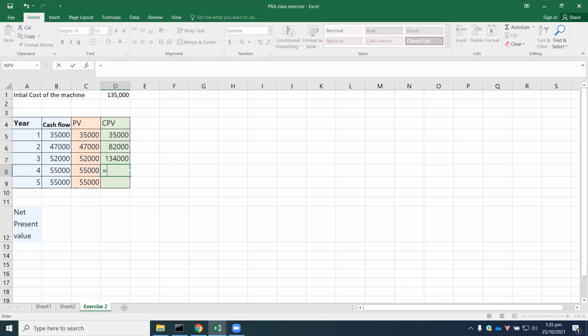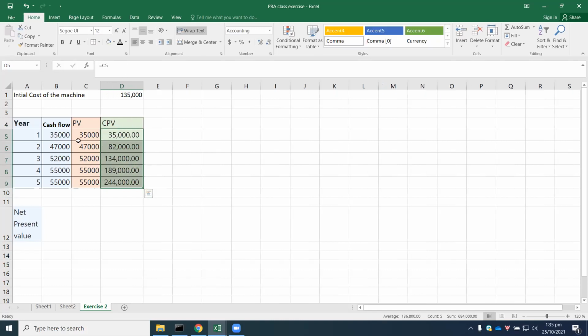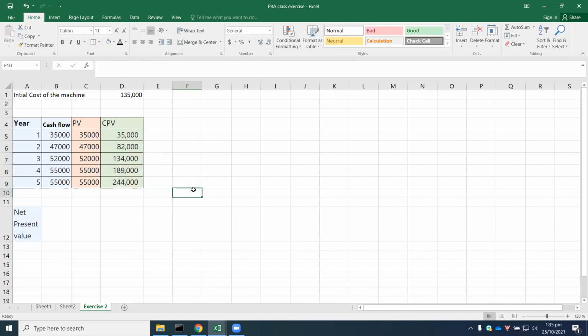Year 4, cumulative present value of year 3 plus the present value of year 4 gives you $189,000. And finally, $189,000 plus 55,000 gives you $244,000. These values are indented to the right with a comma, and then I will try to decrease the decimal points. Now, this is your total inflow.